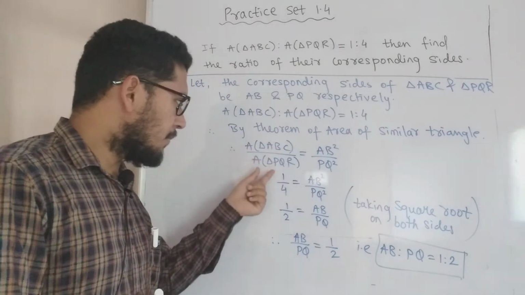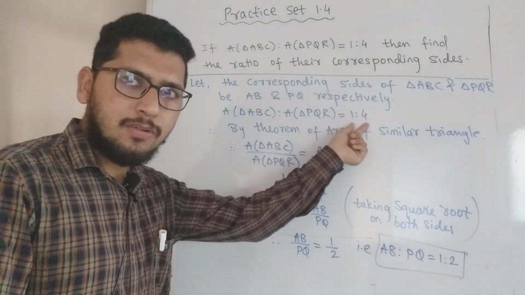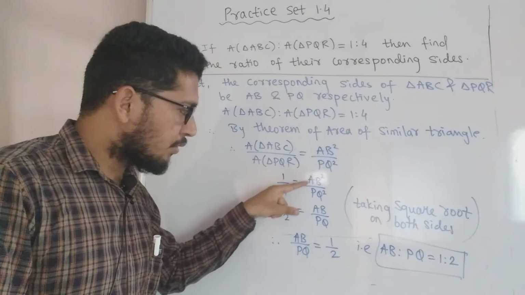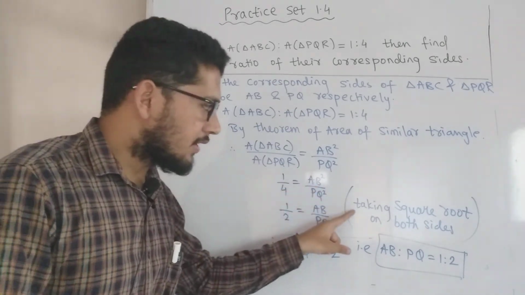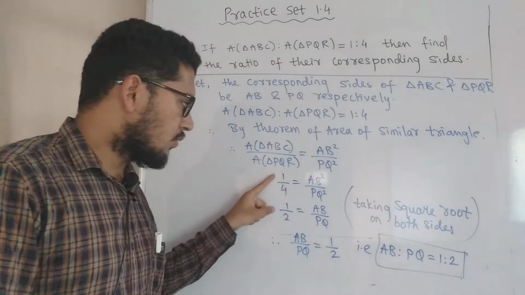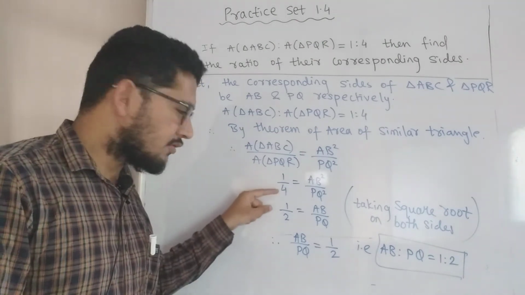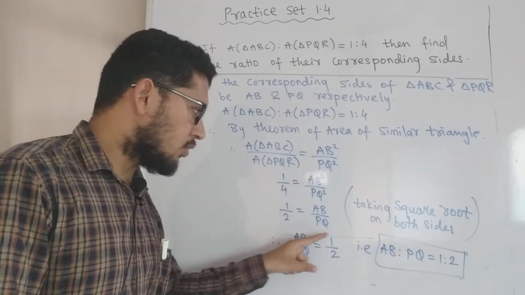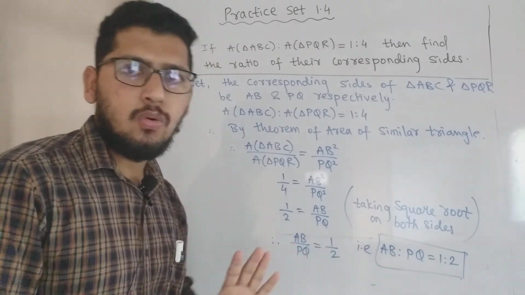Then area of triangle ABC upon PQR, the value is given 1:4. So we have substituted here 1 upon 4 is equal to AB square upon PQ square. So after that taking square root on both sides, 1 square root is 1, 4 square root will be 2, AB square is AB, PQ square is PQ, therefore AB is to PQ equal to 1:2.